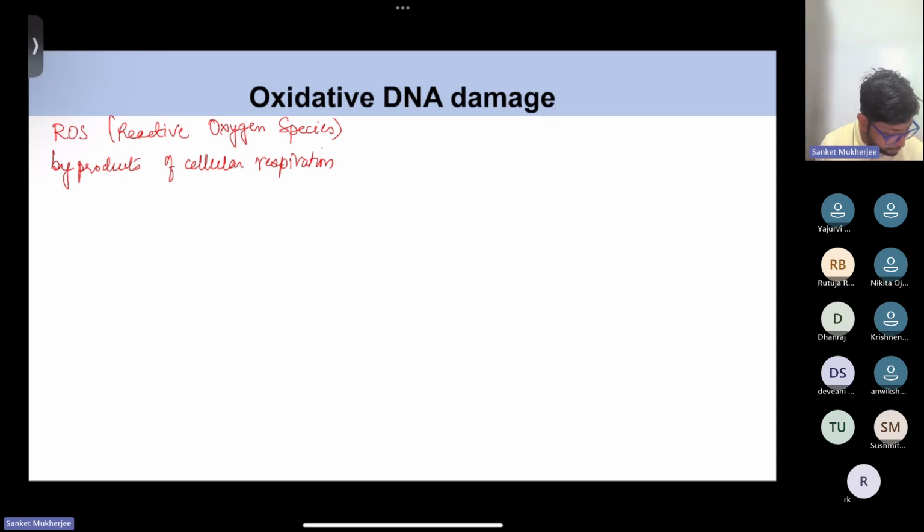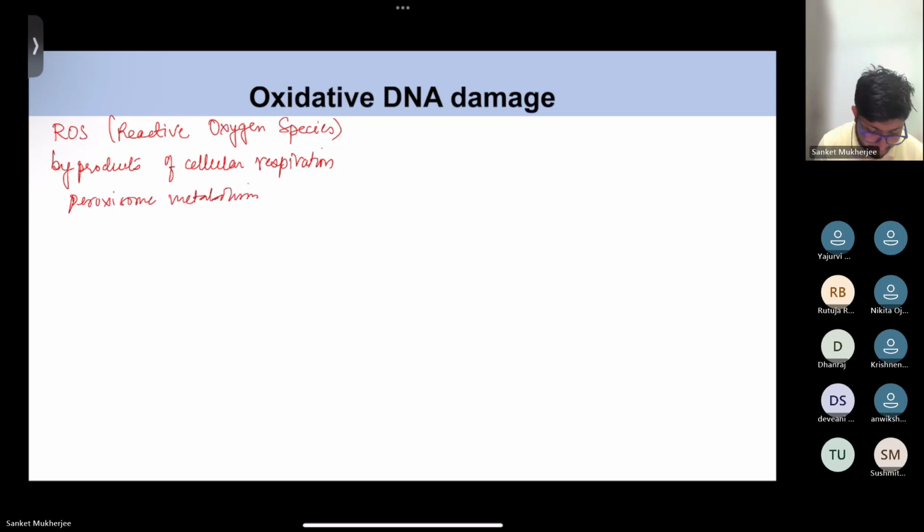It could also happen due to some anaerobic processes, peroxisome metabolism, and catabolic oxidases. These are some other processes which could also form ROS. The most prominent reactive oxygen species are the superoxide radical O2 minus, the hydroxyl radical, or hydrogen peroxide. All these are toxic to cells.